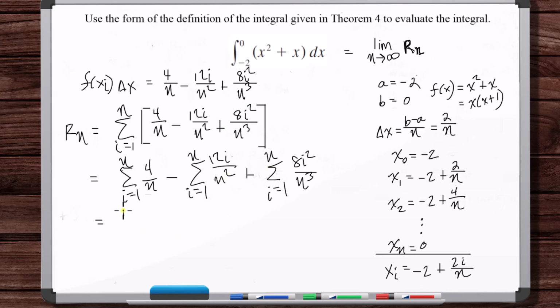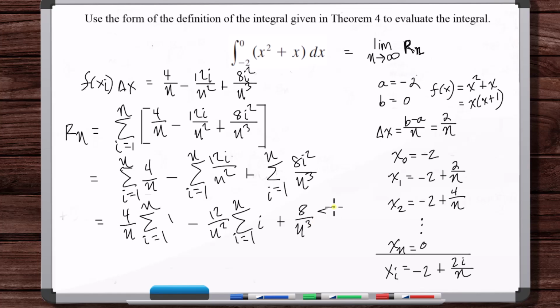Here we can take out the 4 divided by n, here the 12 divided by n squared, and here the 8 divided by n cubed.